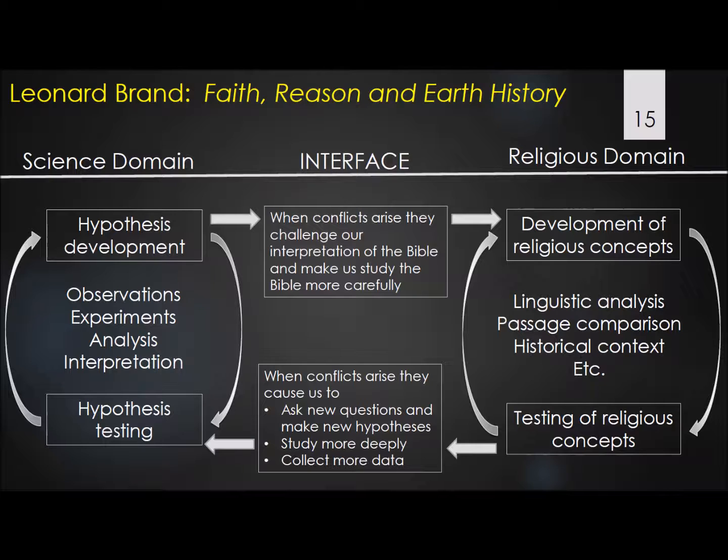This diagram has been put together by Leonard Brand, and he has, in my opinion, written brilliantly about this in a book called Faith, Reason, and Earth History. The third edition of this has just come out, and it's really a philosophy of science book. So if you're interested in teaching a class on philosophy of science or something like that, this would be a very good book to get.